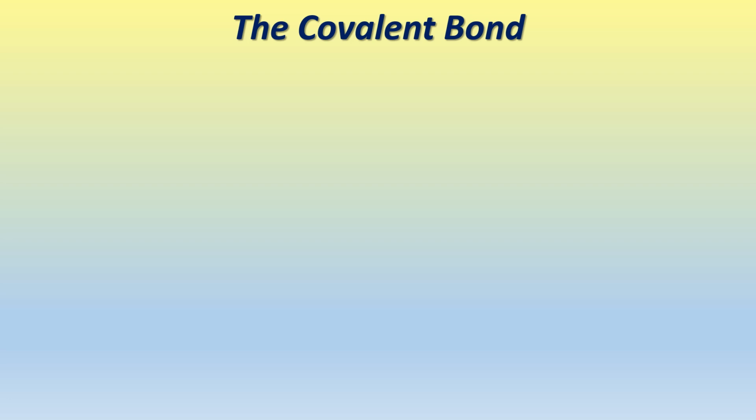When looking at the covalent bond, several things happen. First of all, there is sharing of all outer shell valence electrons between all of the atoms.